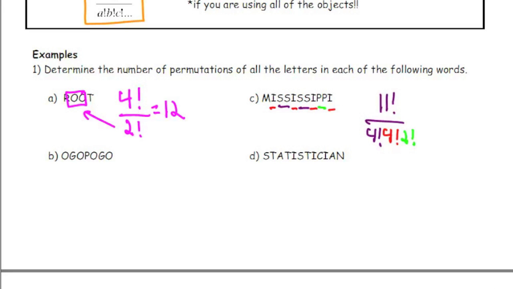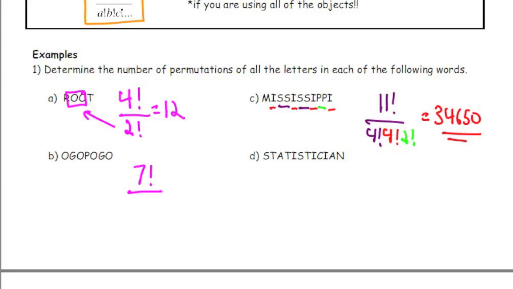And if we take a look for the P's, there are 2 P's there, so there's 2 factorial ways of arranging those. If you equate all these together, what you should end up with is 34,650 permutations. Bigger number, but a lot more letters. Just imagine again throwing all these letters together and jumbling them around, but because we can't tell the difference between the S's, some of them are going to repeat themselves.